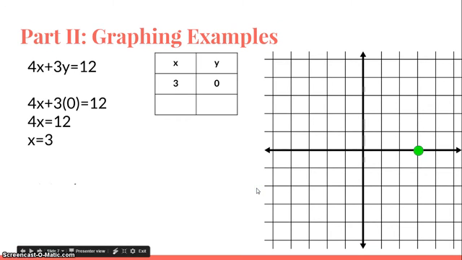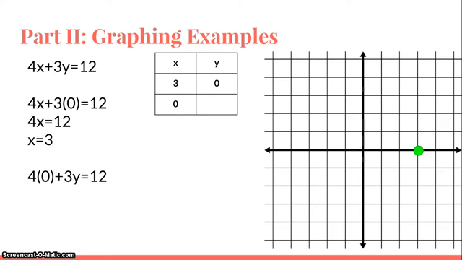Now, once I've identified that (3, 0) is my x-intercept, I plot it, count over 3 spaces on the x-axis. Now I'm ready to plug 0 in for x, and with that I can start finding my y-intercept. Now I have 4 times 0 plus 3y equals 12. 4 times 0 will go away, so I just have 3y equals 12.